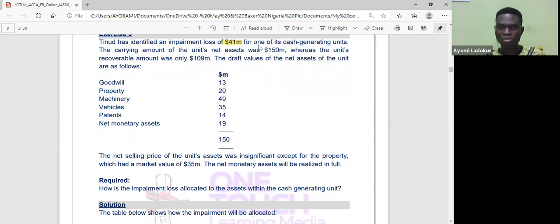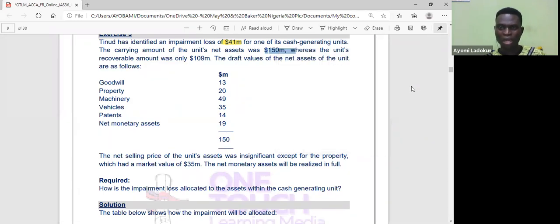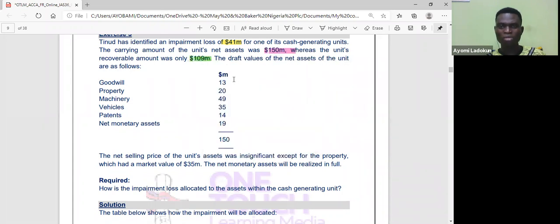All you need to do is look at the carrying amount and the recoverable amount. I simply remove 109 from 150 million, and I'll still have 41 million. That's how you get your impairment loss if it's not given, but it has already been given, so that's fine.